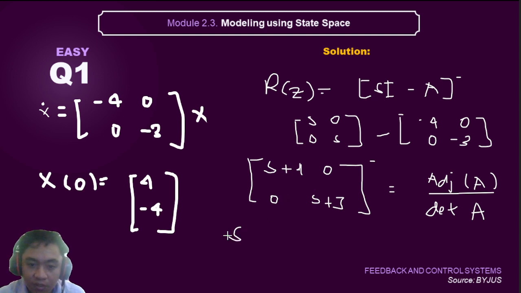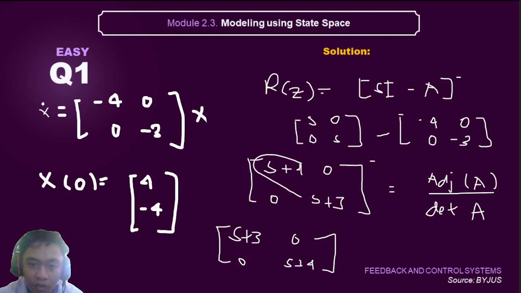So this is going to be s plus 3, 0, 0, and s plus 4. Again, the product of these two would be the determinant, and I divide the entire thing by the determinant, s plus 4 times s plus 3.